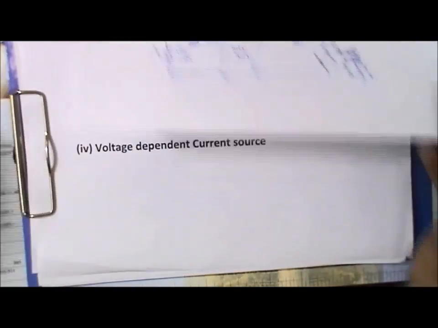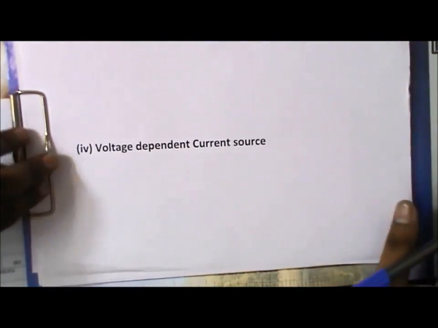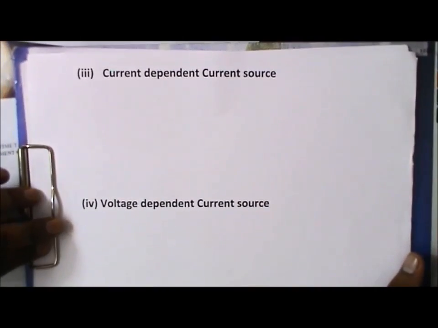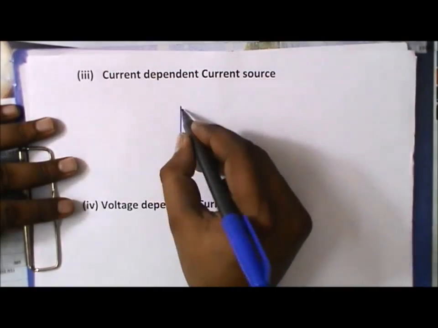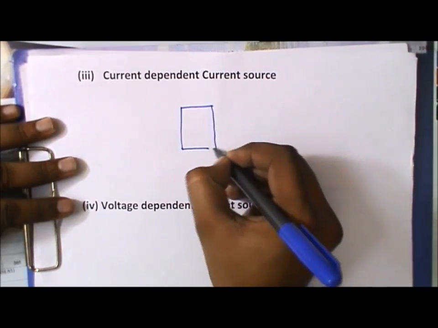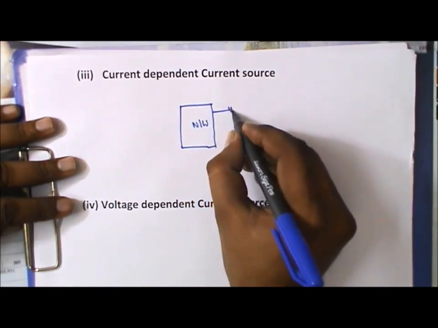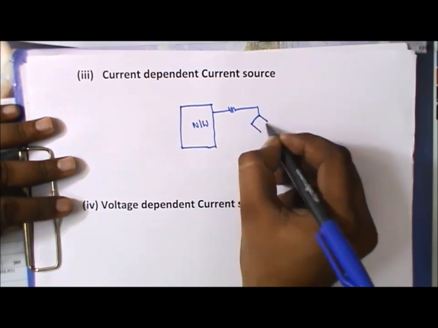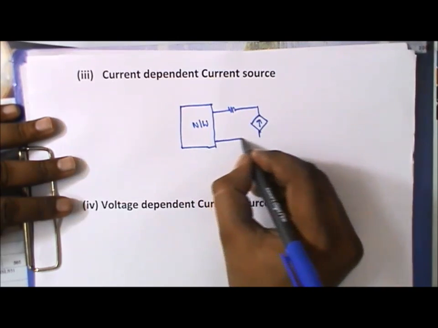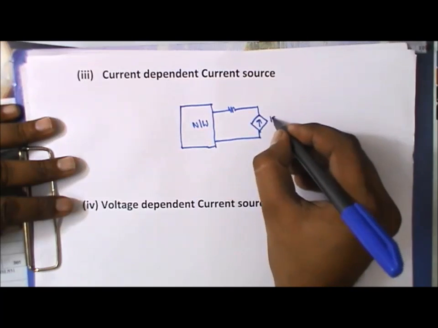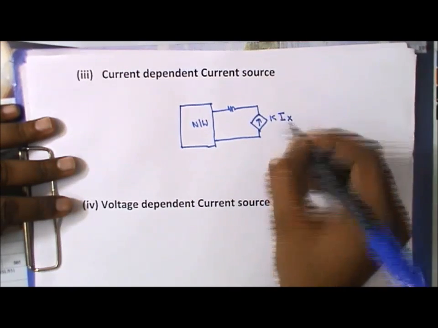Next, we move towards the same principle but to another concept, the current dependent current source. The current source is indicated by the arrow, and it is current dependent. So let us suppose K times Ix.